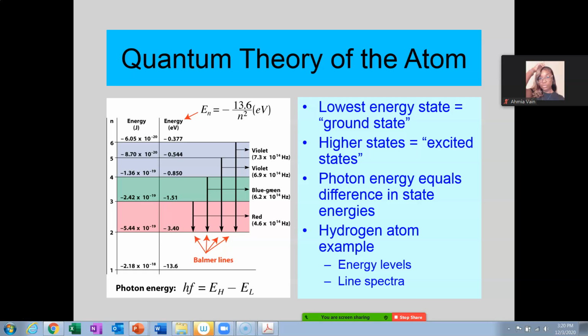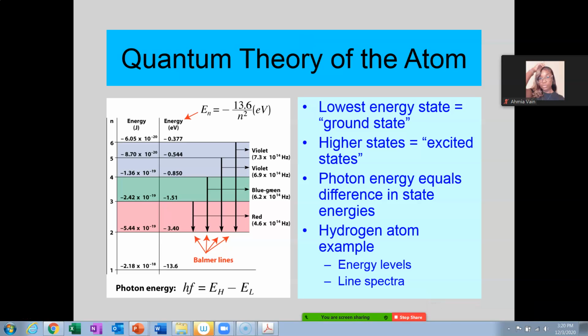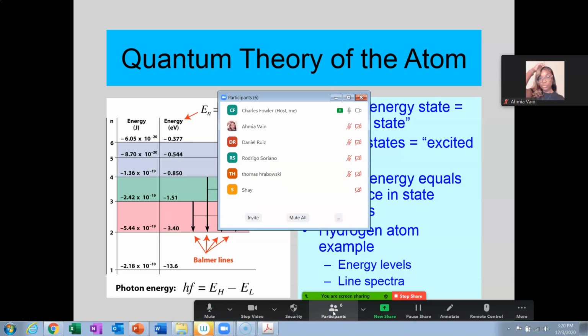In quantum mechanics, your lowest energy state is called, oh, here is Shay. Now, I think Shay may be Sharonica, because I don't think she's been here yet, so that's why I don't recognize Shay. Let me make sure of that. Shay, oh, you're not connected to a microphone yet. Needing to find out who Shay is. Okay, I still see no microphone for Shay.